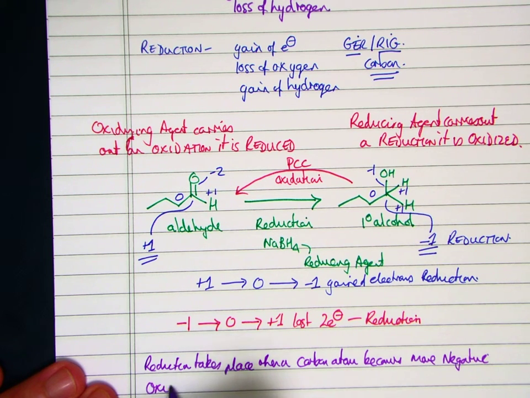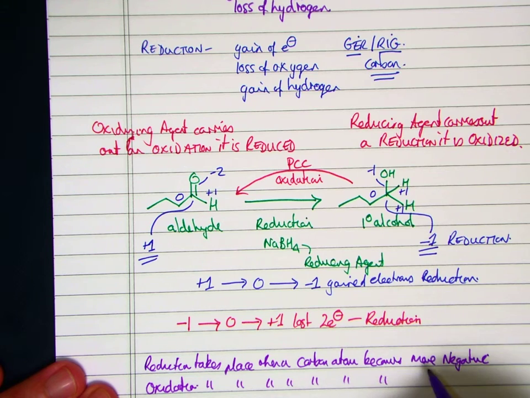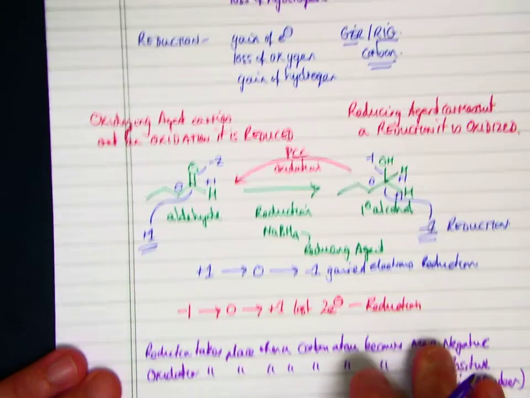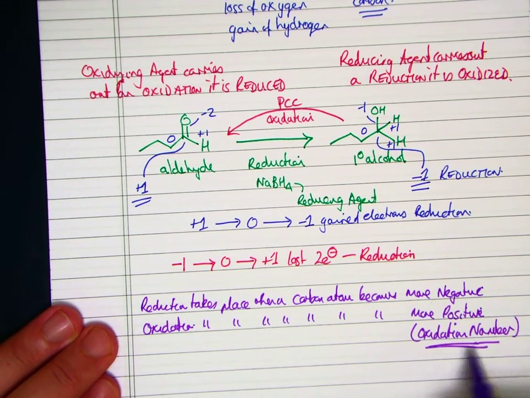And oxidation takes place when a carbon atom becomes more positive. And we're referring to the oxidation number. This is the oxidation number we're referring to. Okay, so I want to emphasize the oxidation number.